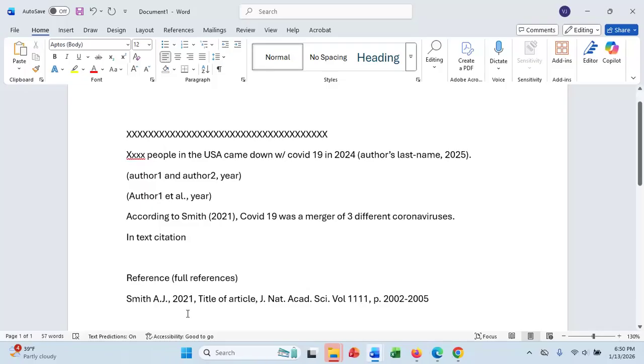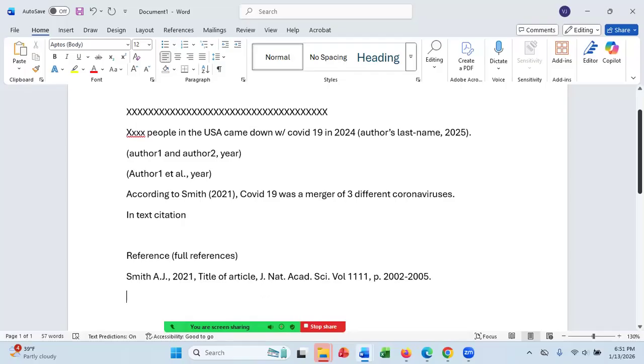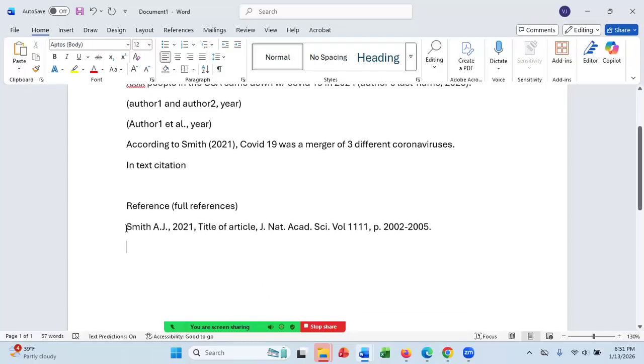So what you should have for a journal reference would be the author's last name, his initials, the date, year of publication, the title of the article, the journal of the article or the source, including the volume number and the page number. That's for a journal. For a web page, it's actually the same here, but you can give the web page address.